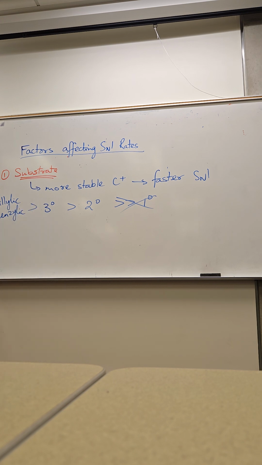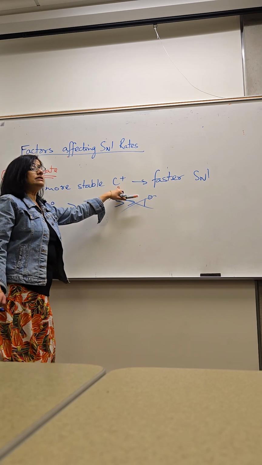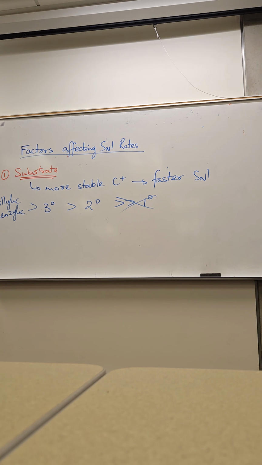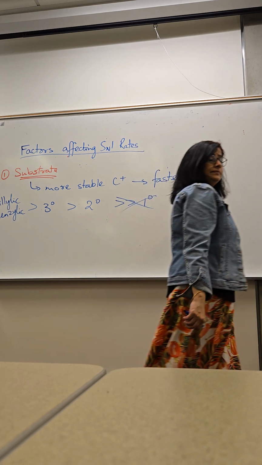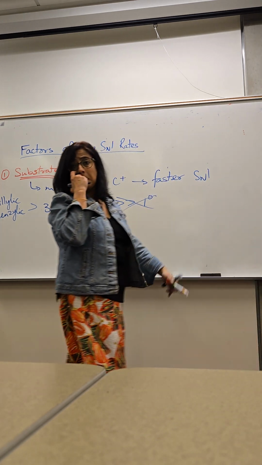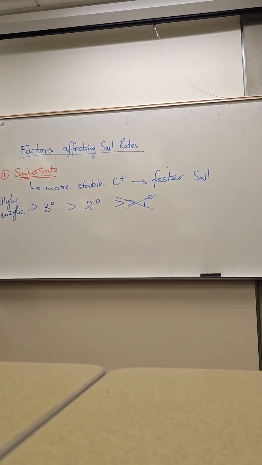Carbocation formation is the rate determining step, right? When we write the mechanism, it's this step, the step where the carbocation is made. So the more stable that guy is, the faster is the reaction, basically. Okay? Everybody okay? Any questions about that?